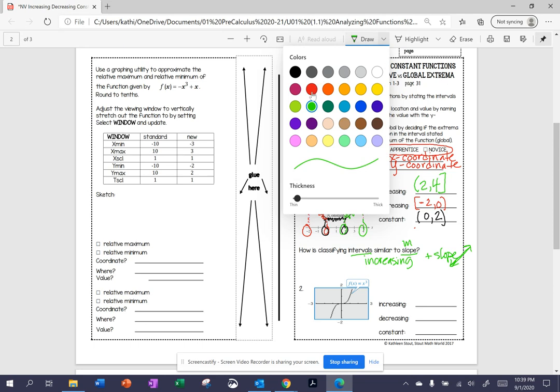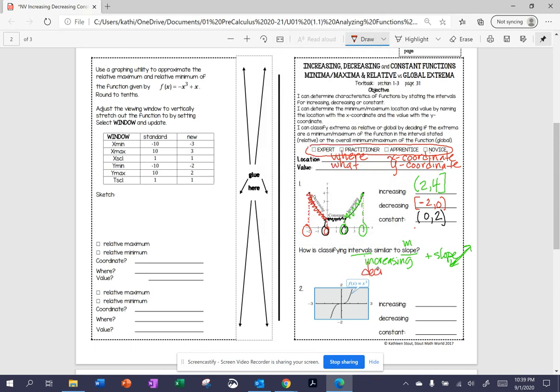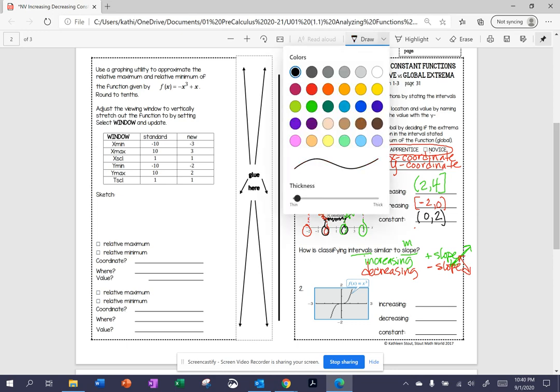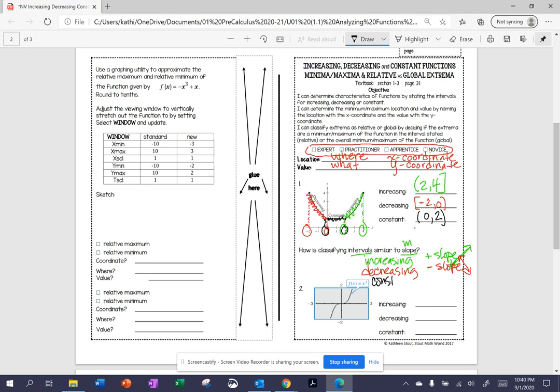Decreasing looks like a negative slope. And a constant slope, which is a 0 slope, looks like a horizontal line. So describing my intervals is very similar to what I already know about slope.